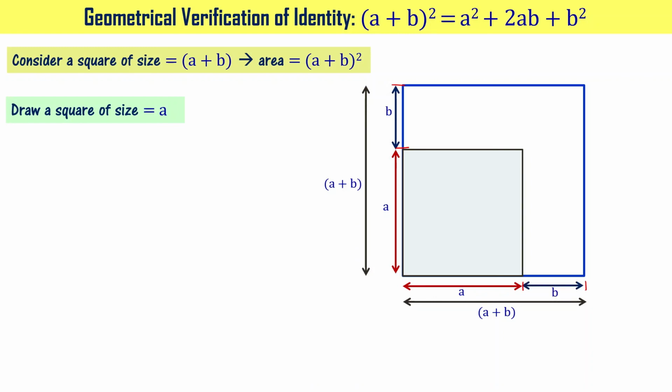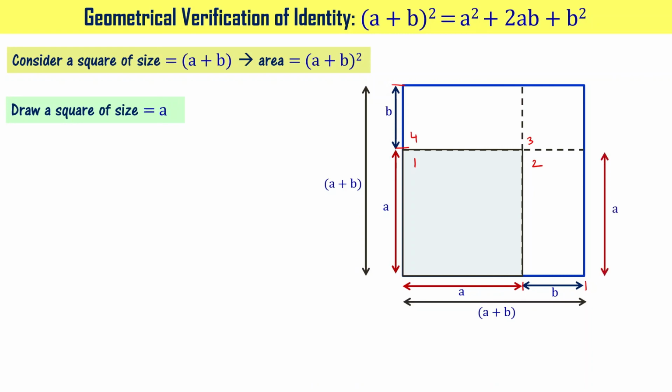Now let me extend the sides of the smaller square such that the bigger square becomes four parts: 1, 2, 3 and 4, right? Parts 1 and 3 are squares, and 2 and 4 are rectangles, right?